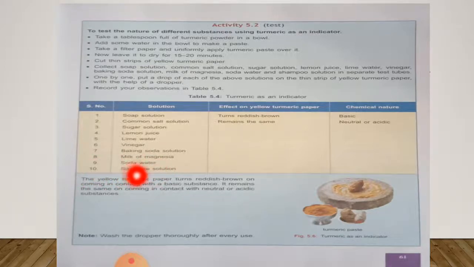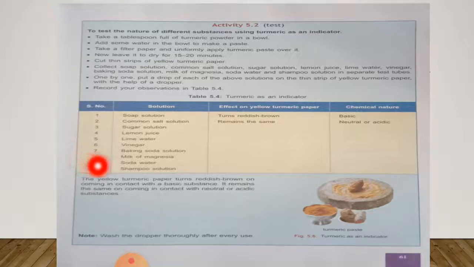Tenth, shampoo solution is also like detergent and soap, so it is also basic in nature, so it turns yellow turmeric paper into reddish brown.